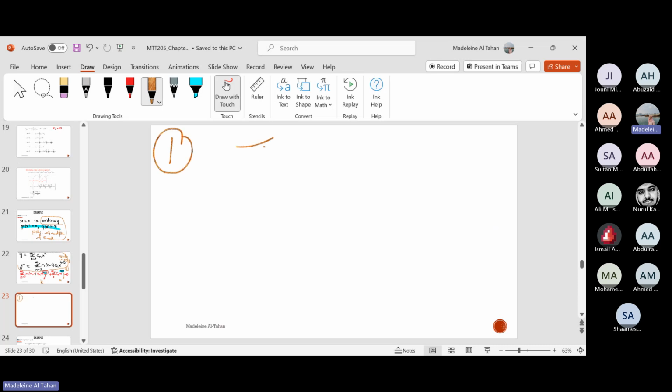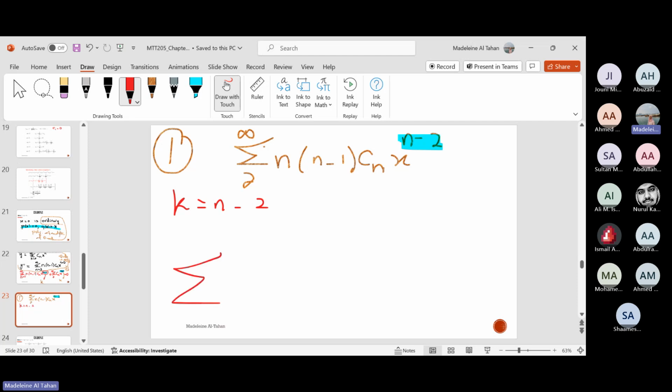Let's write it. It's sigma from 2 to infinity, n minus 1, Cn, x to the n minus 2. We said that we want our K to be n minus 2. So when we have sigma at n equals 2, 2 minus 2 means 0, and infinity is not affected. n is equal to K plus 2.